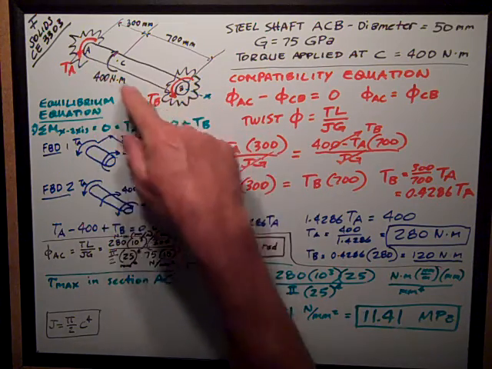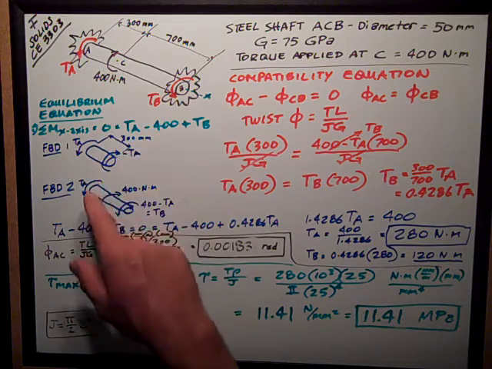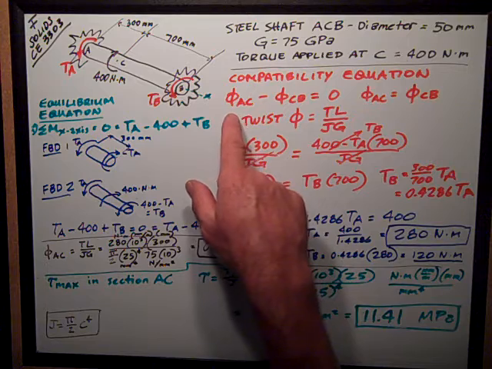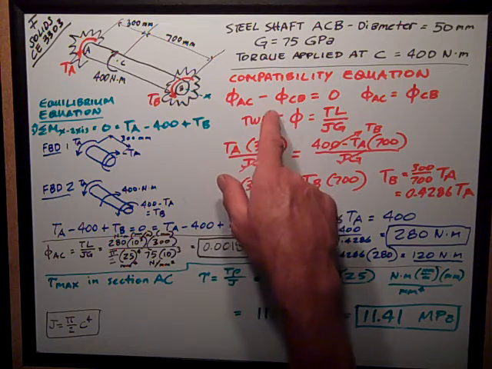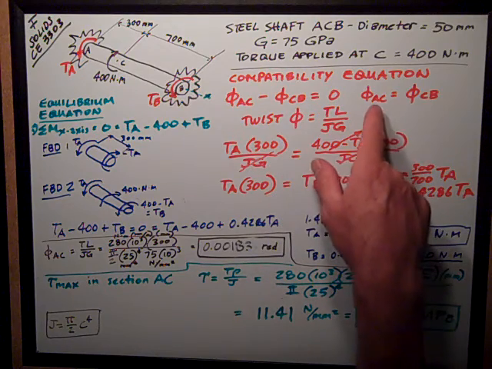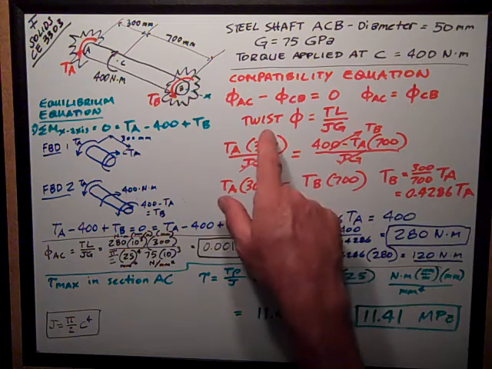So it's going to twist one direction and then twist back the other direction due to the other torque. So the equation looks like this: the twist at AC, phi, minus the twist at CB is equal to 0. So phi AC is equal to phi CB.